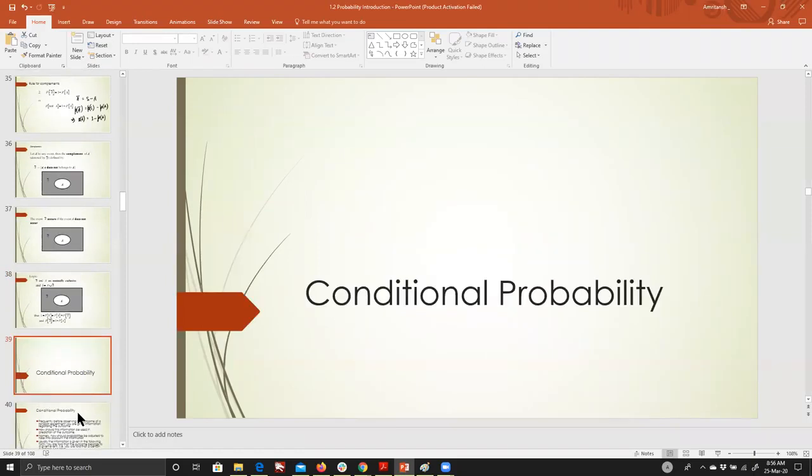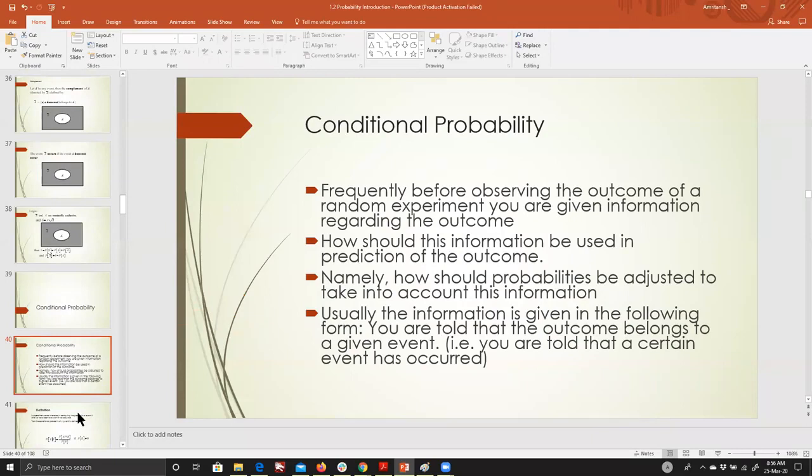Okay, how many people know what is the conditional probability? Okay, not much. So the idea is, what if event A, or a certain event, affects the second event?